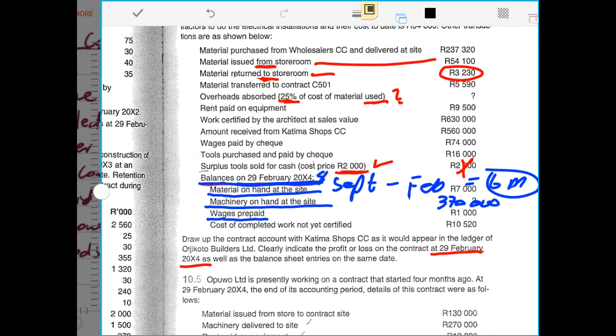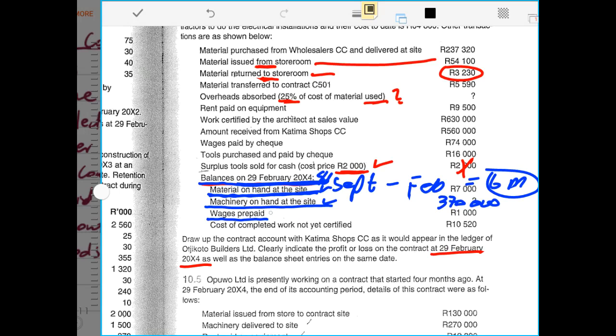So when we record, we need to record from the perspective of the carry down. In the case of material, the balance carried down of this asset will be on the credit side because it's an asset, and the balance carried down of an asset will be on the credit side. The same applies in this case.